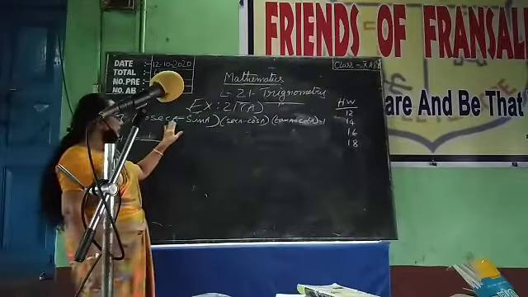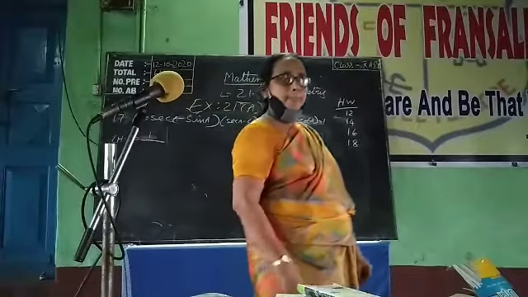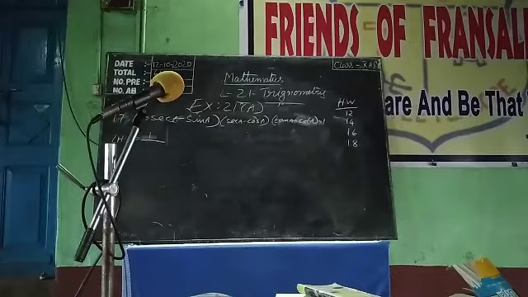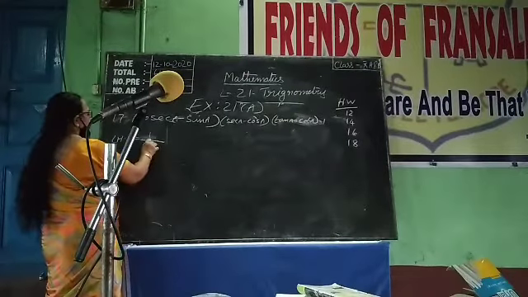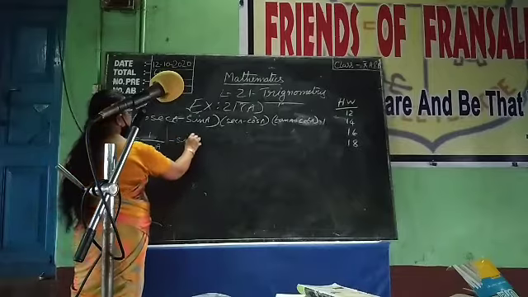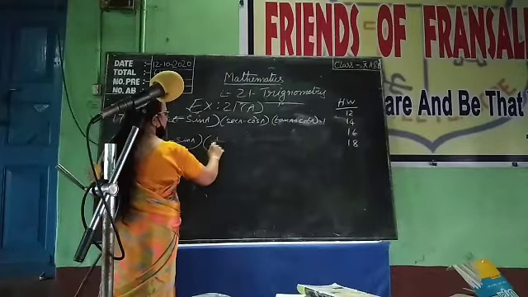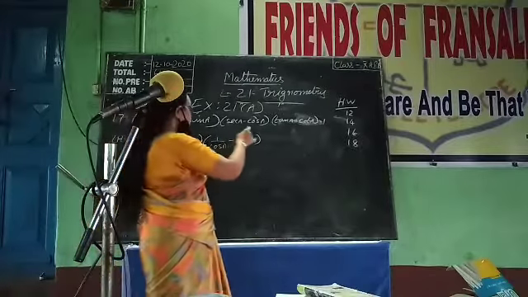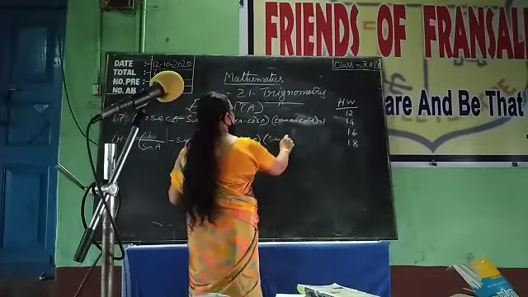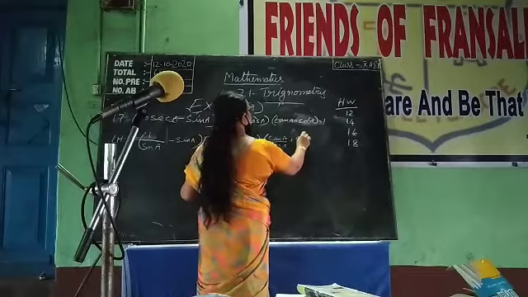Cosec A minus sin A into sec A minus cos A into tan A plus cot A. That is 1 by sin A minus sin A, keep it in bracket only, 1 by cos A minus cos A, sin A by cos A plus cos A by sin A.